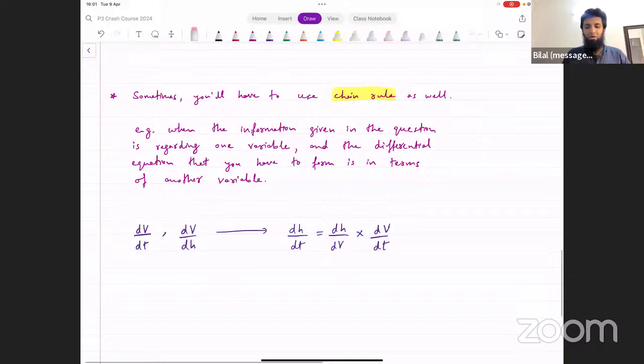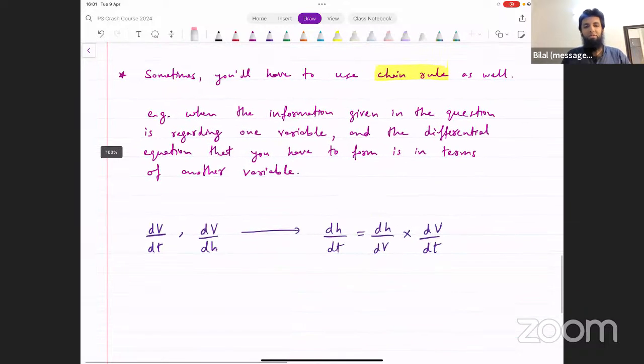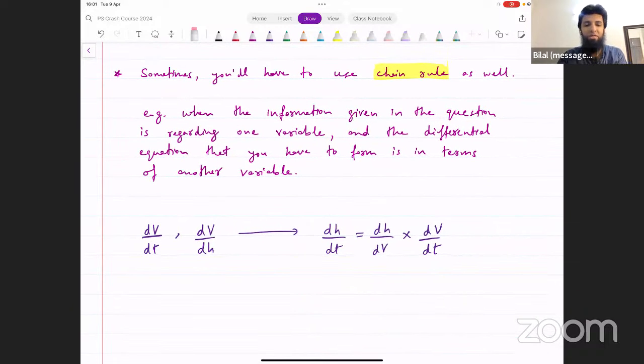There was another thing that we also learned there, that sometimes you have information given in the question about one variable, and the differential equation that you're supposed to prove or show is in terms of another variable. You also need to use chain rule and examples like that.